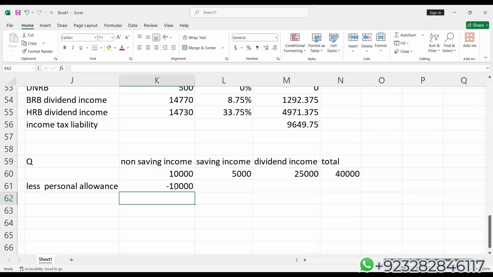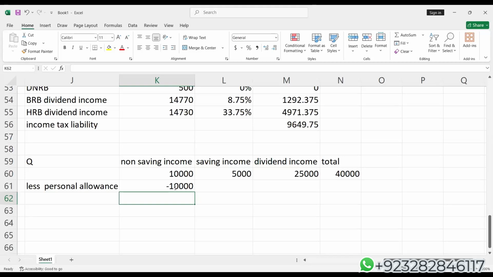We still have personal allowance, which is 2,570, but according to HMRC in ATX, you can change the sequence of personal allowance if it is beneficial for you. The normal allocation is first we utilize the personal allowance against the non-saving income, then we go for saving, and then we go for dividend income.